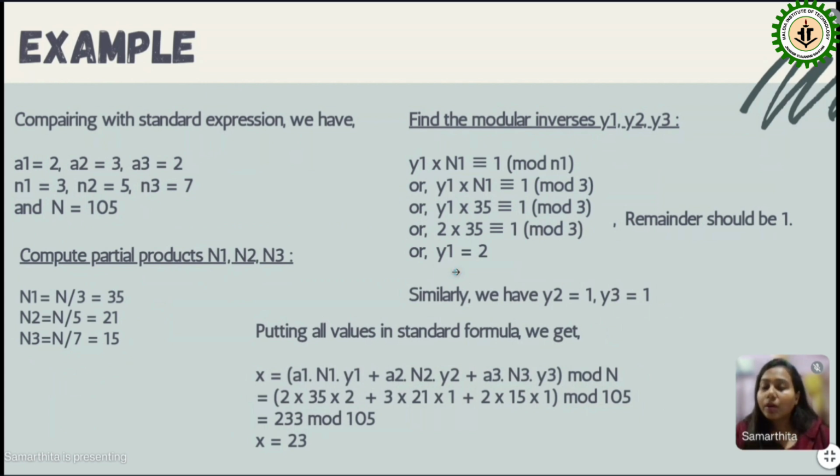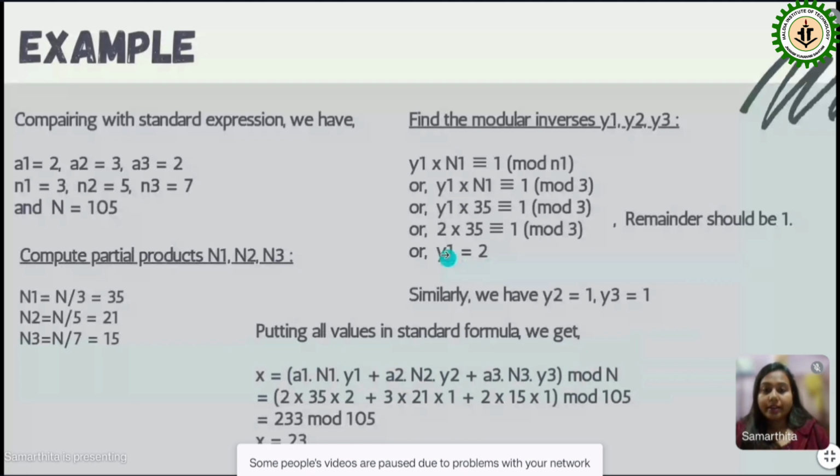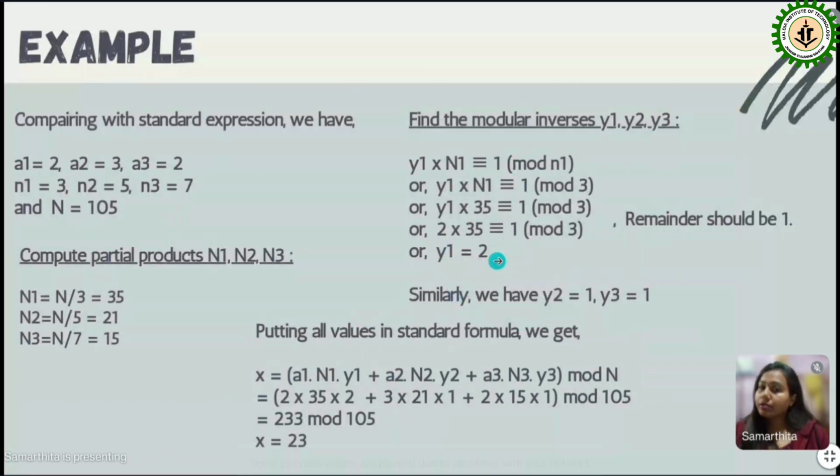So move forward to y1 equals 2, that means 35 into 2, which is 70. When we divide 70 by 3, we get the remainder 1, and that is why y1 equals 2. We will try similarly for y2 and y3, and we will get 1 and 1 respectively.